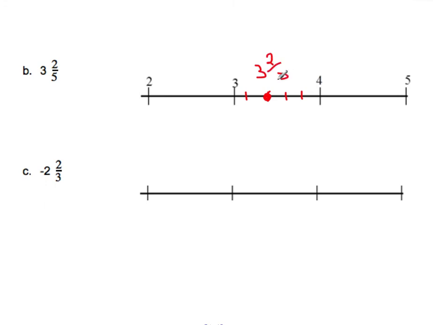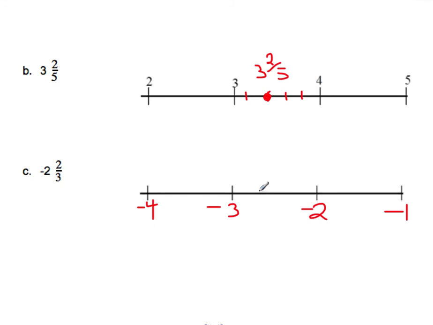Now the negative is a little bit different. The negative tells me I start at -2, so let's put -2 here, -1, -3, and -4. The 3 tells me I'm going to divide it into 3. So from -2, I start at -2 and I still have to go more negative. So I have to go left from -2.